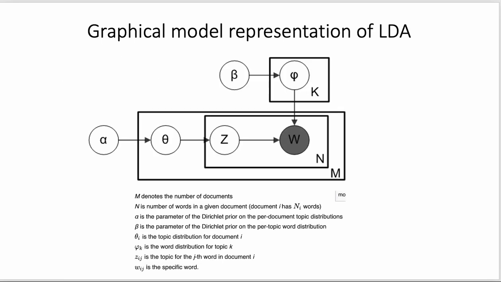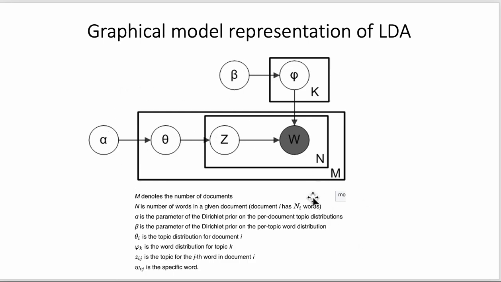So this is a visualization of how LDA works. We're going to get a high-level overview from this graphic, and by the way, this is from the Wikipedia page on LDA. You can all read more about it. Basically, the boxes are plates representing replicates, which are basically repeating entities.